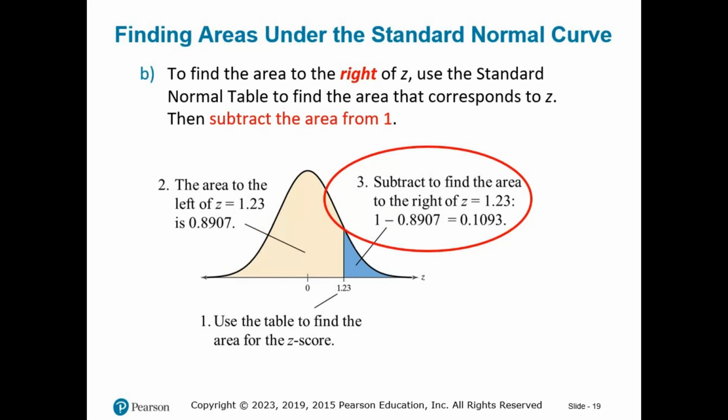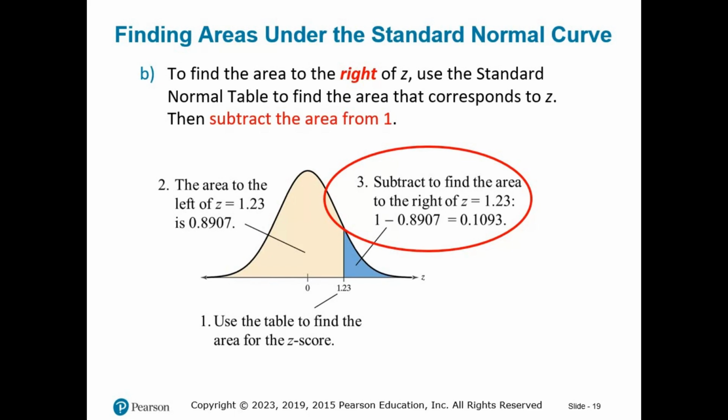Since we know the area under the entire curve is 1, we can subtract the area we know of, the 0.8907, the tan area, from 1 to get the remaining area of the blue section. So when we subtract 1 minus 0.8907, that gives us 0.1093. That is the area of the blue section, 0.1093. So that's how you find the area to the right of a z-score.